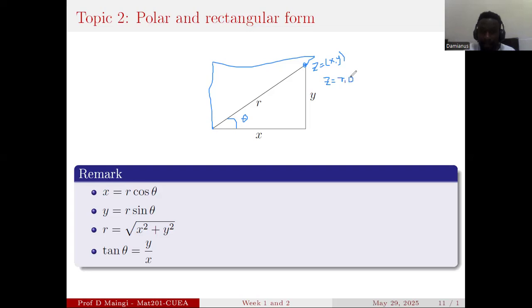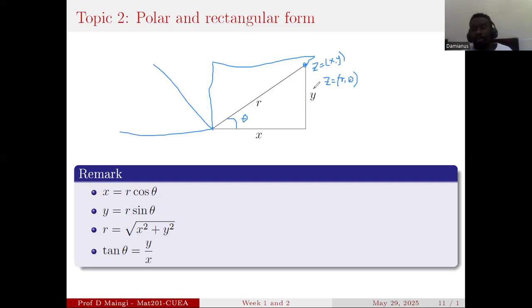So when I write this, at the back of our minds we should think of this r, or ray, or length, and then you measure this angle. Of course, this ray can be here, can be there, and so on.